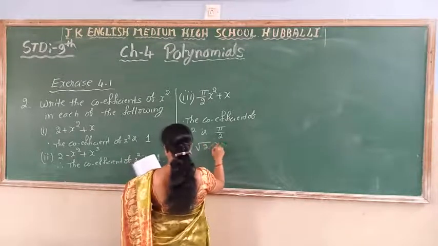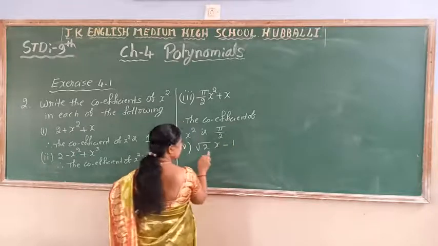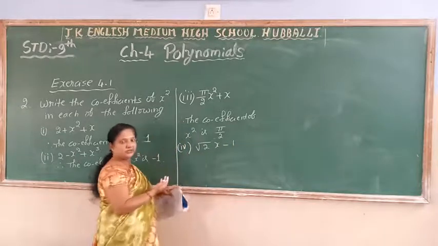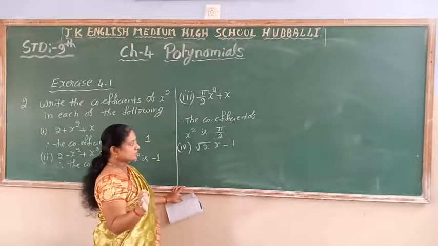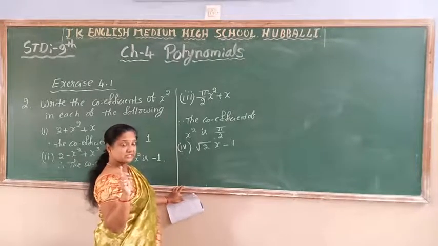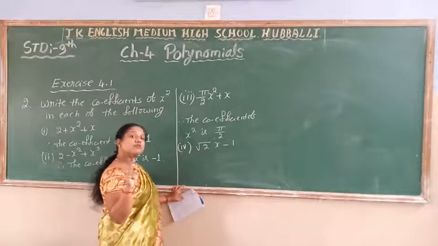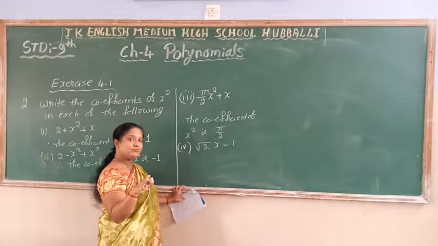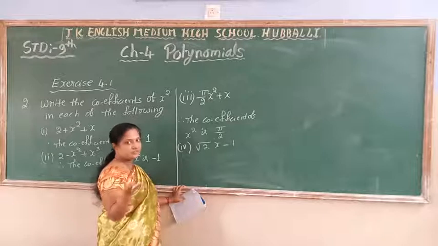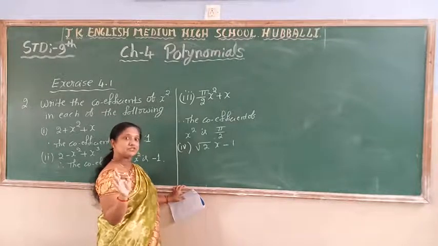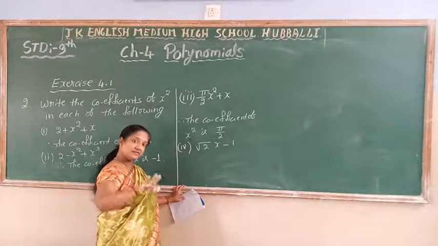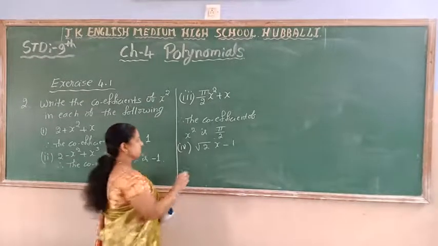Then fourth question, that is root 2 x minus 1. Now here you can ask me, teacher, the x square term is not there. If the x square term is not there, it means the numerical coefficient of that should be 0. So x square into 0, so it has cancelled. If no term, we have to write the coefficient of that x square is 0.